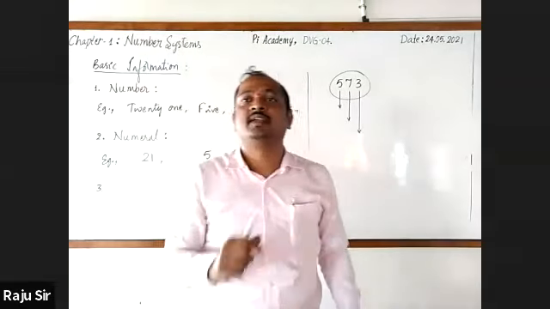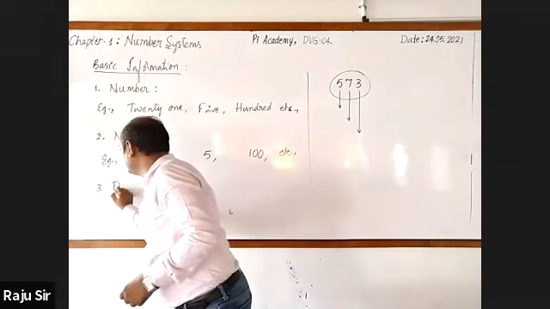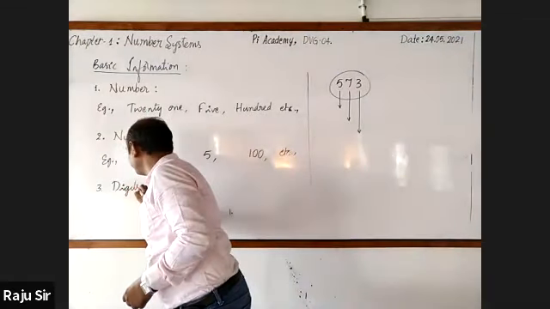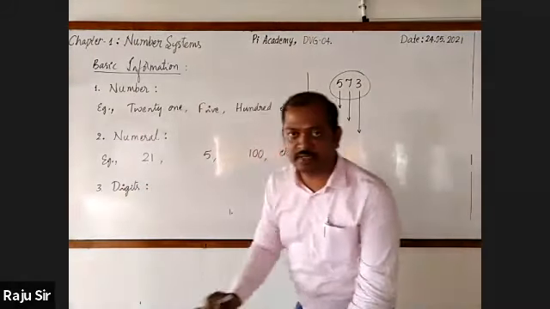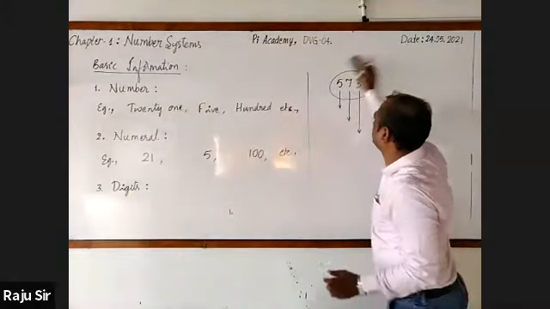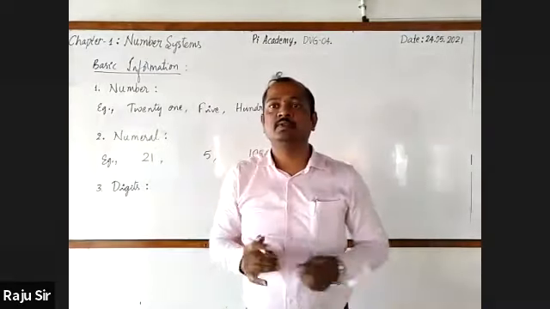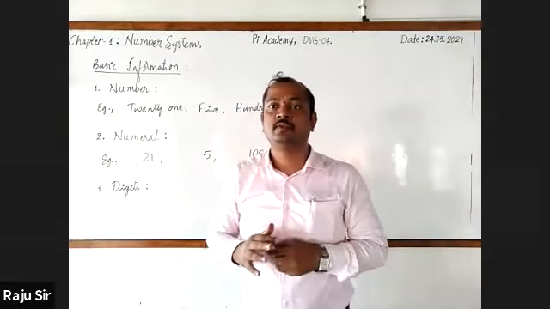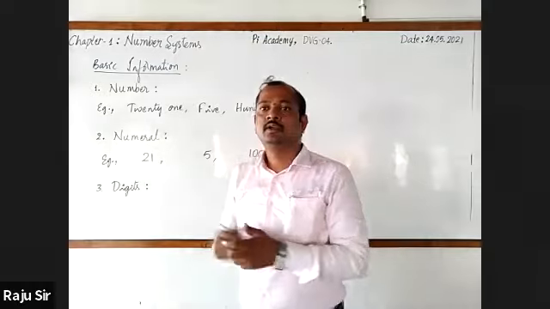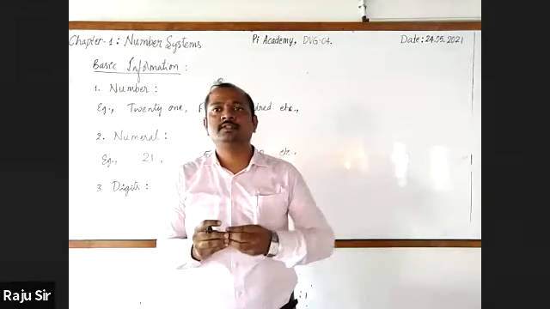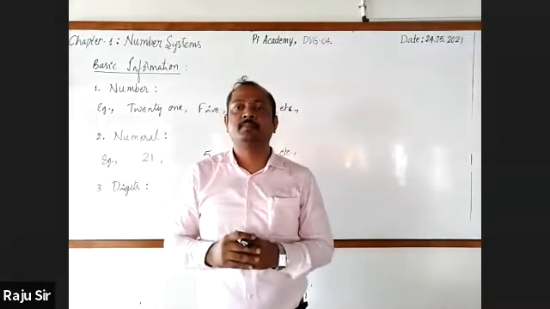They are called digits. Don't write the definition. Just whatever I have been writing on the board, only that should be written. Digits are the symbols used to write a numeral. Once again, digits are the symbols used to write a numeral. Using the digits, you can write any big number or any small number.